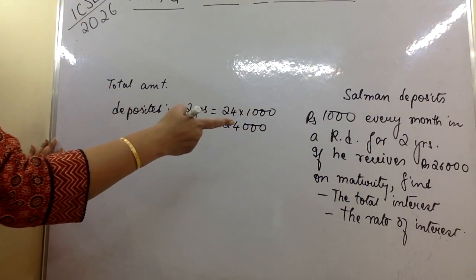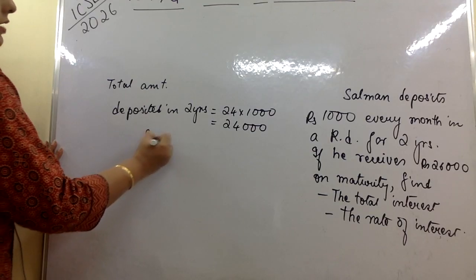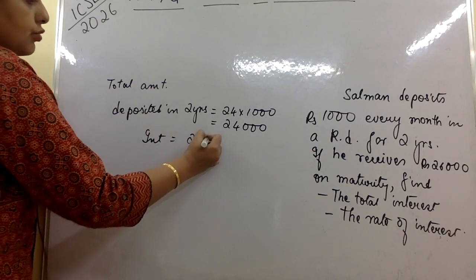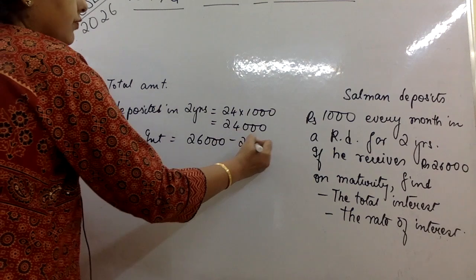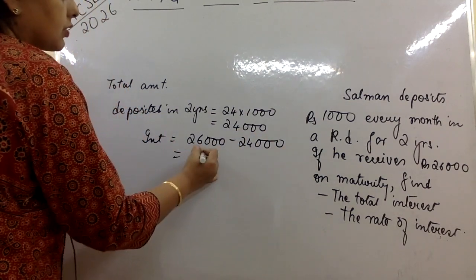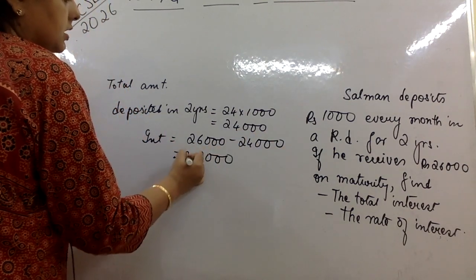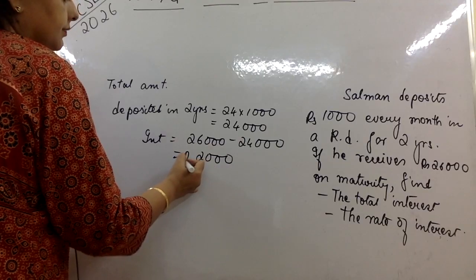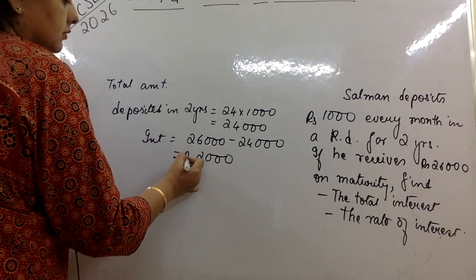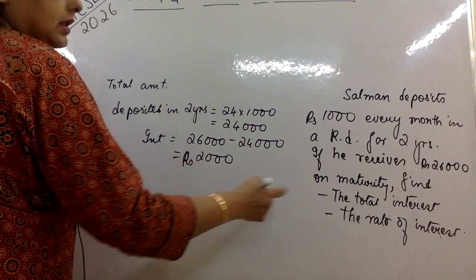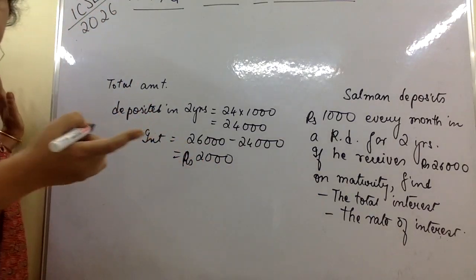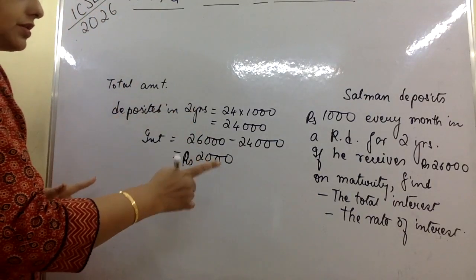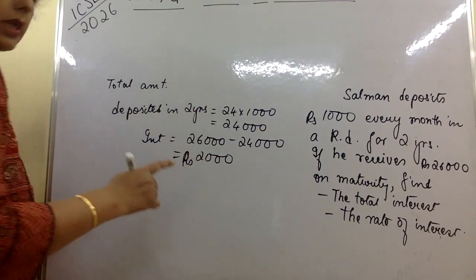He gets back 26,000. Therefore, interest is clearly 26,000 minus 24,000, which is equal to 2,000 rupees. That is our first answer. The total interest is clearly 2,000.